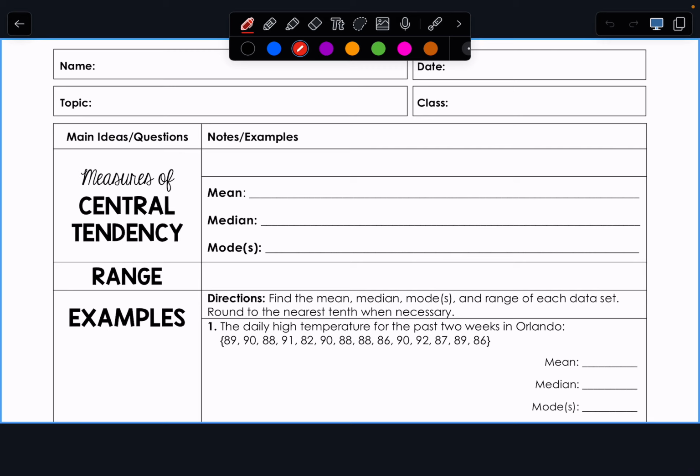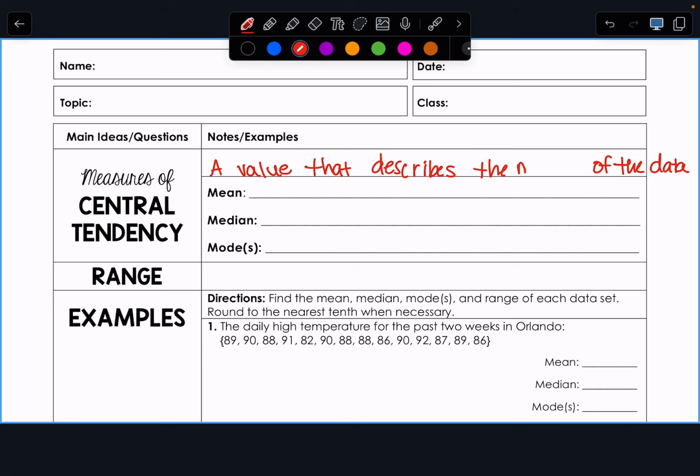There are 3 measures of central tendency. Okay? And that just means a value that describes where? Central. What word do you think is going to be there?